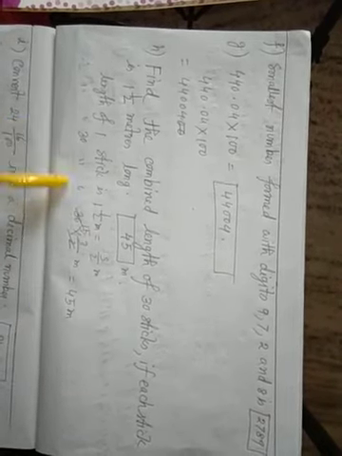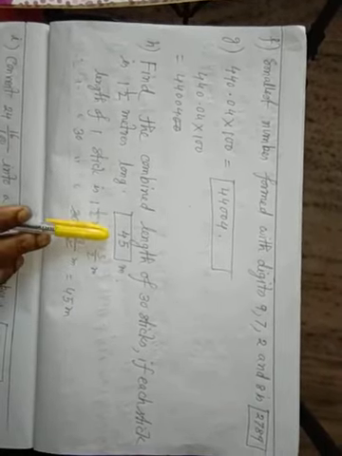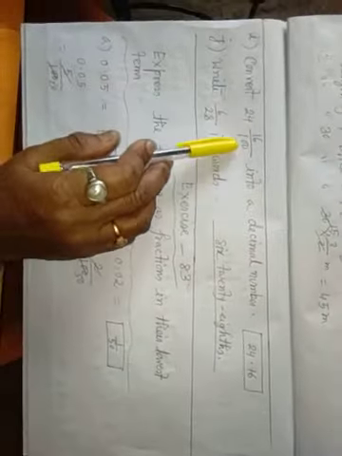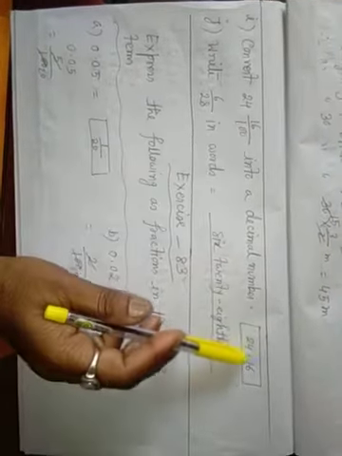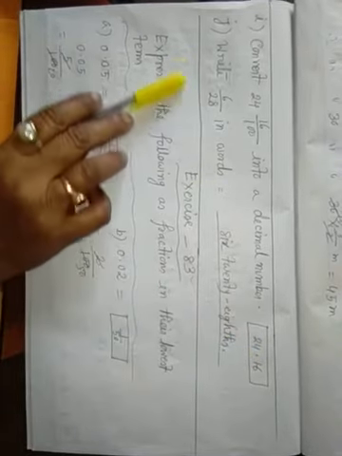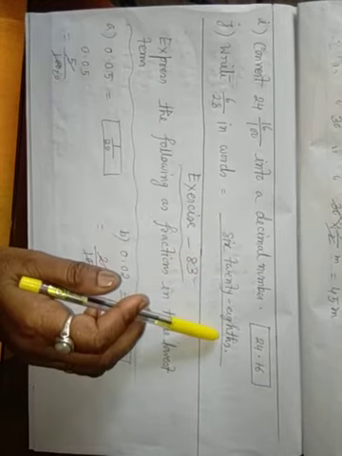Length of 30 sticks is 30 into 3/2, that is 45 meter. Answer 45 meter. I, convert 24 and 16/100 into a decimal number, that is 24.16. Write 6/28 in words.